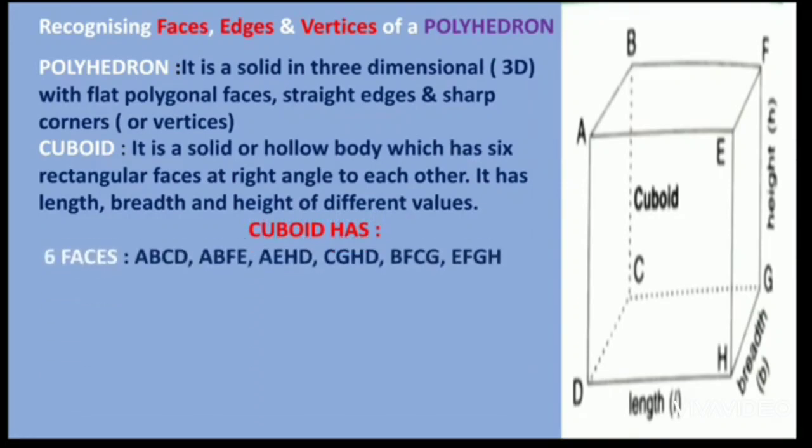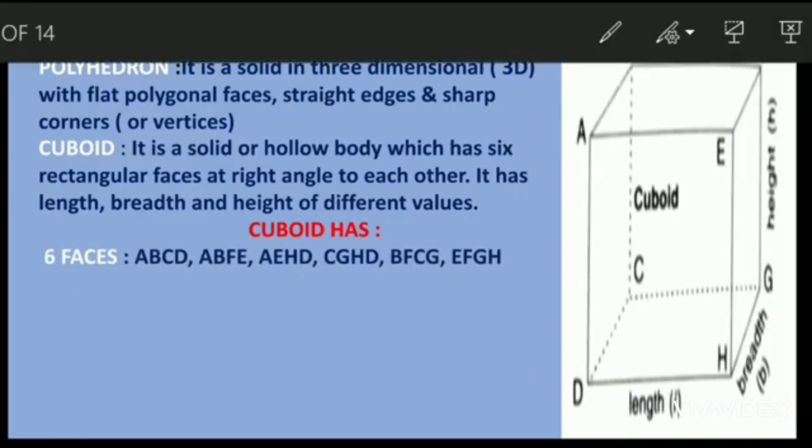A cuboid has 6 faces. A, B, C, D is the first face.